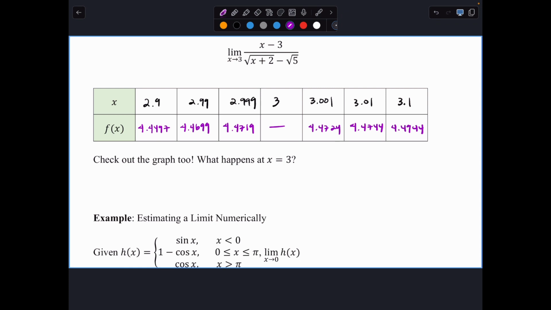So looking at the graph, if I didn't give you what the function was, would you think there's a discontinuity at x equals 3? No. But we know from looking at the table that there is a discontinuity, right? So that means that we would say that there is a hole at x equals 3, aka a removable discontinuity.